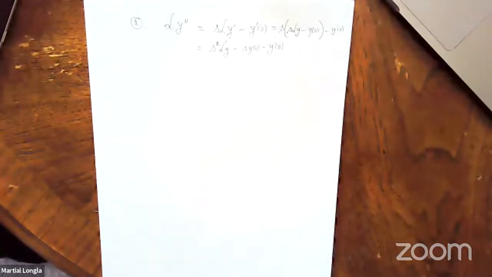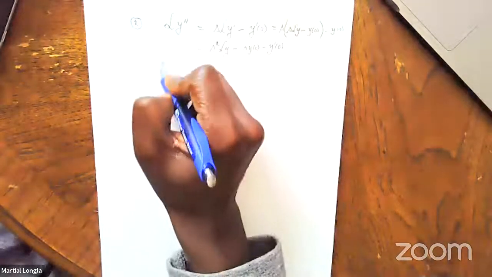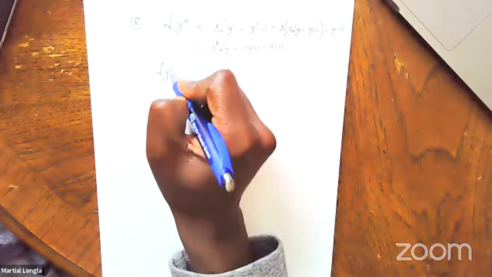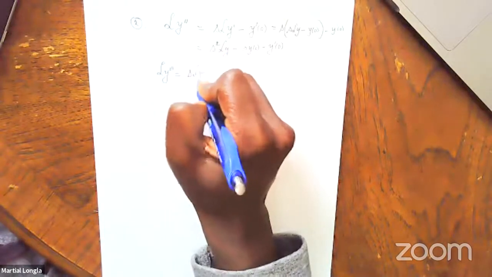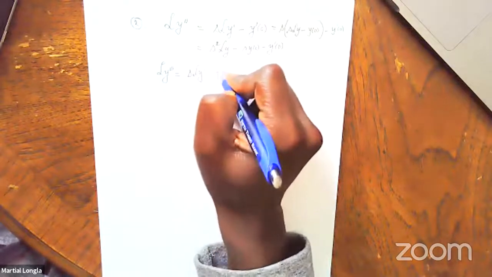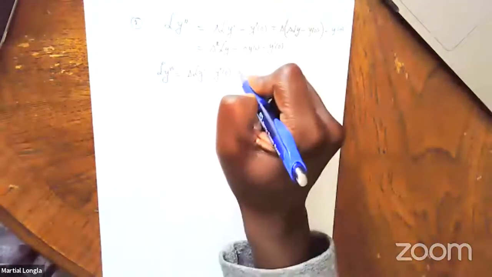And you can do this as many times as you want. You can find the Laplace transform of the third derivative, fourth derivative, fifth derivative consecutively without any issues. So the Laplace transform of the third derivative is s times the Laplace transform of the second derivative minus the value of the second derivative at 0.